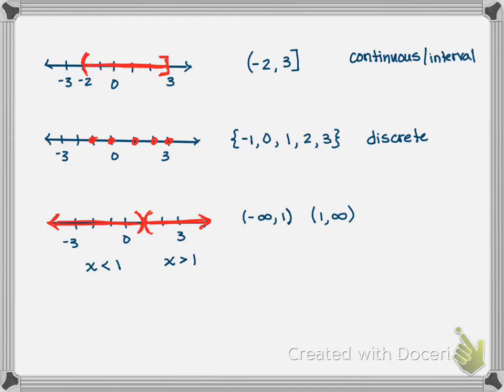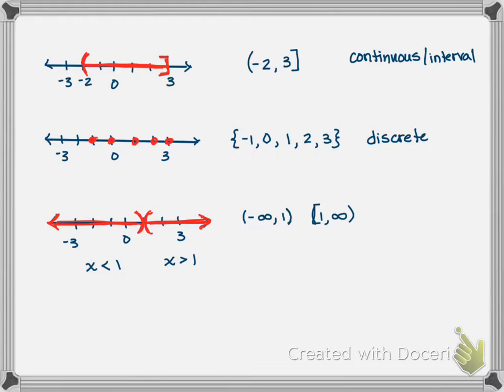This is the only way we can exclude just a single number, is to think of it as two separate sets. If this wasn't there, that would be the set -infinity to 1. And if this wasn't there, that would be the set 1 to infinity. If we put a hard bracket on either of these, then all of a sudden it's the whole number line.